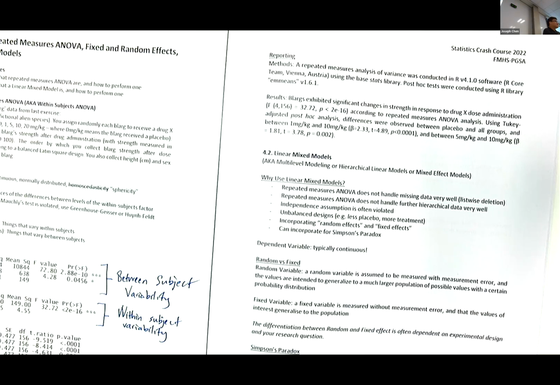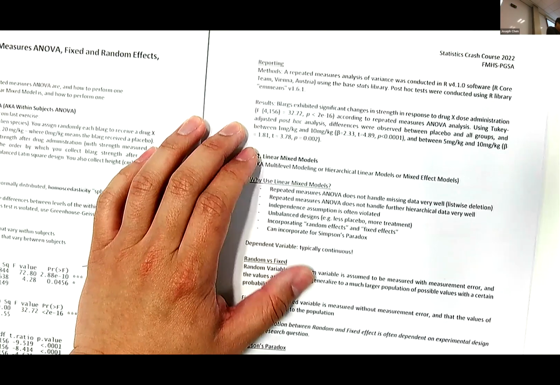There are multiple ways, and there's other things like multiple imputation that can be done, and that involves some complex chained equation stuff. It's pretty easy to do in R, but doing that's always a little bit weird. So linear mixed models, however, can handle missing data much more capably than repeated measures ANOVA.